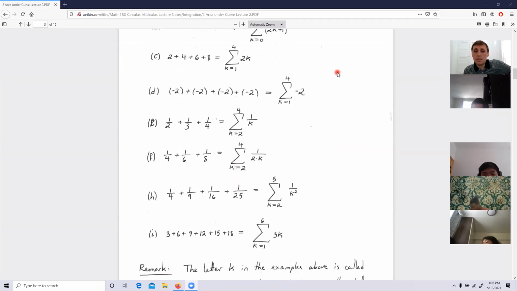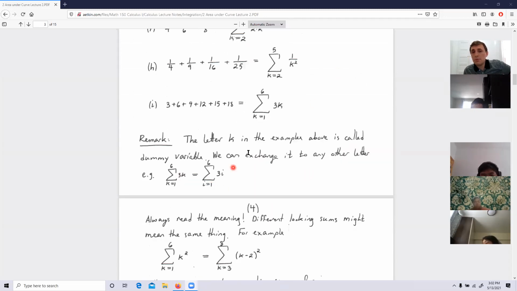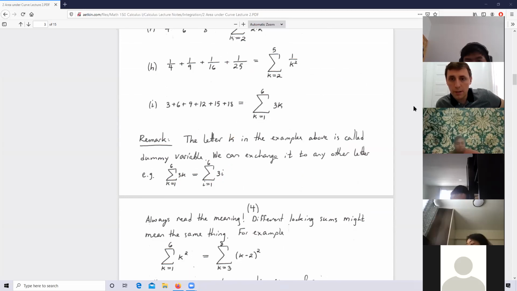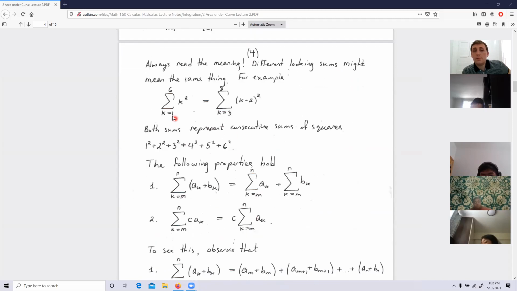Everybody understands, guys? So we have 3k. There is nothing special about the letter k, it's just an expression. I prefer to use it over the letter i because i to me means square root of minus 1. But in the book you see some expressions like the sum from i equal 1 to 6 of 3i. Again, there is nothing unique about the summation.